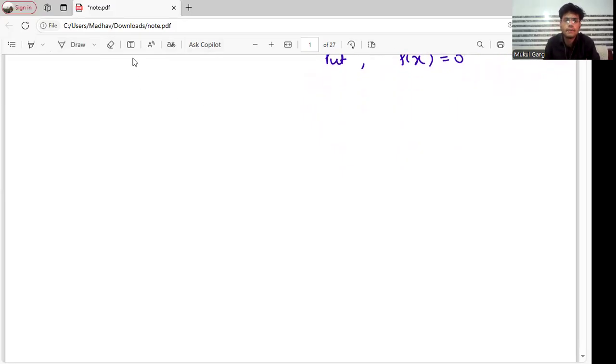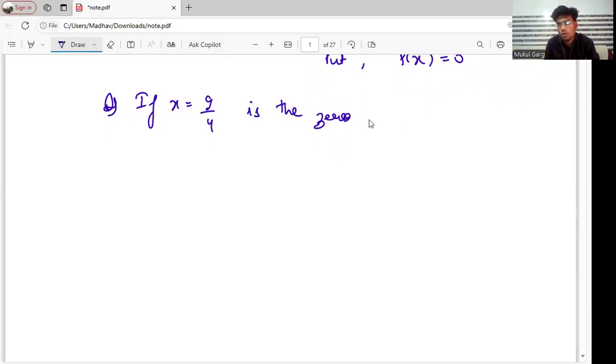The question goes like this: if x equal to 9 by 4 is the 0 of the polynomial, and they can give you any polynomial like kx square plus (2k minus 2)x plus 7, find the value of k.